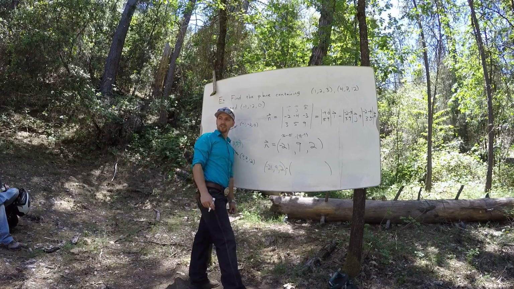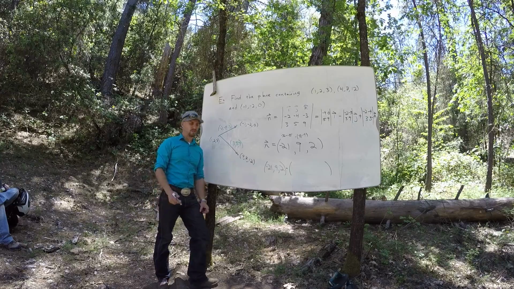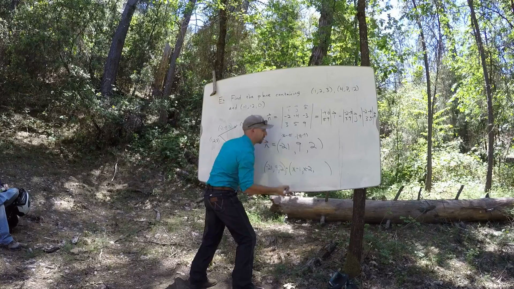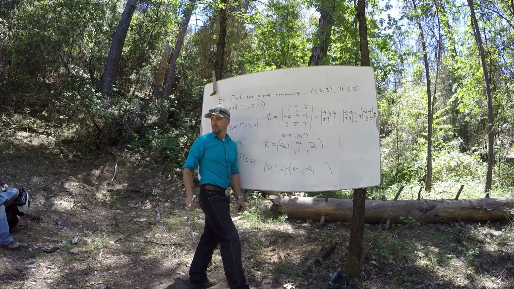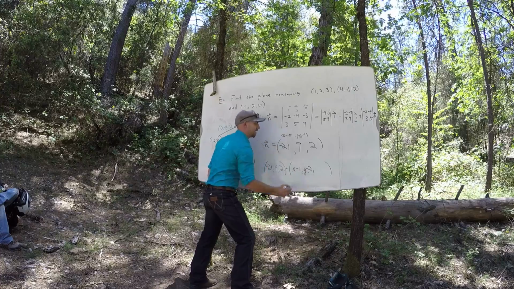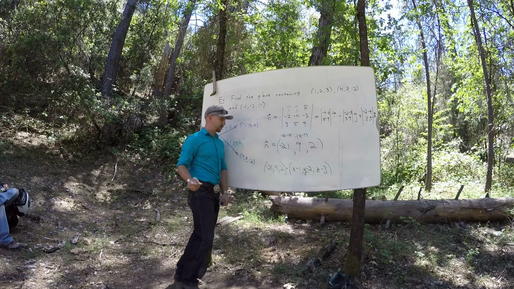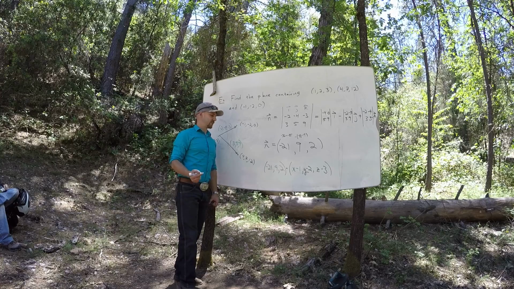So your displacement vector is going to be x minus 1, y minus 2, and z minus 3. And am I done? Dot product. When it's done, it's done.